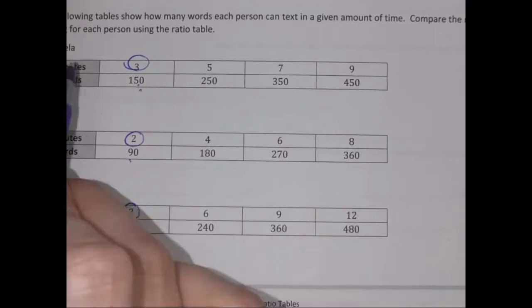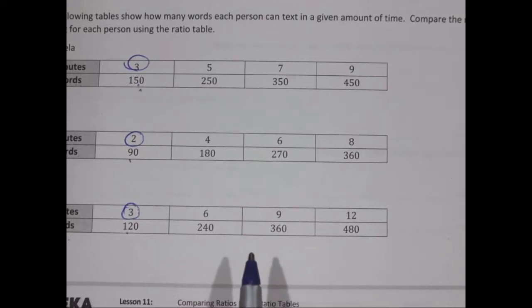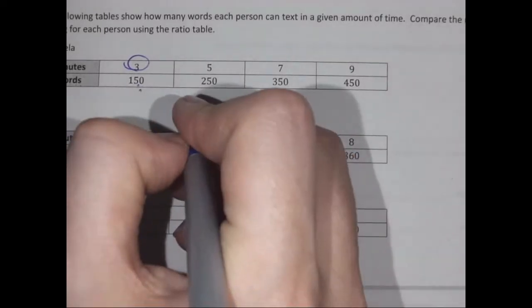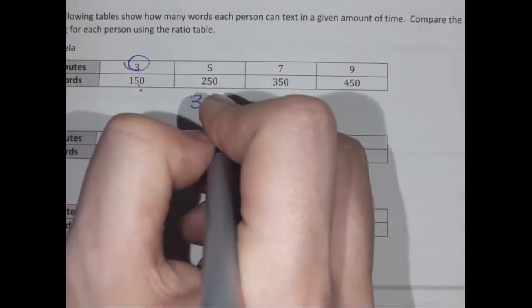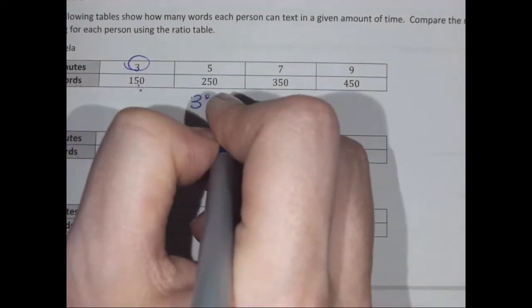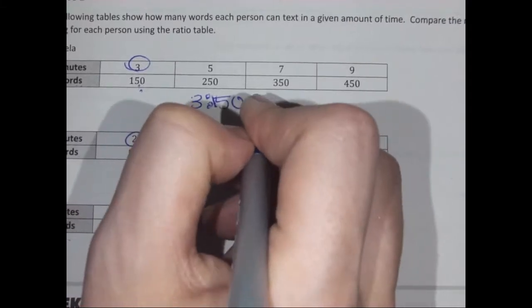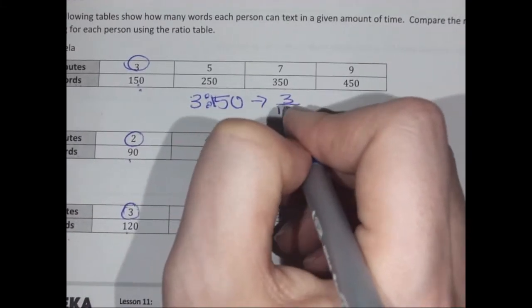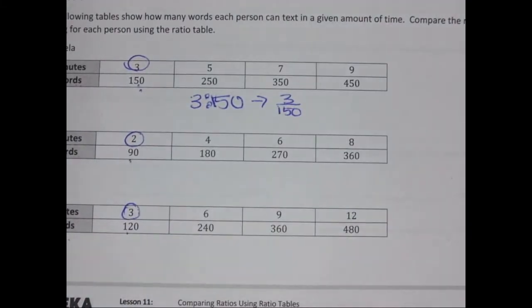So what's the value of Michaela's table? Ricardo, how do we find it? Okay, we're gonna write this as a fraction, good. Can I do anything to that fraction to make it simpler?